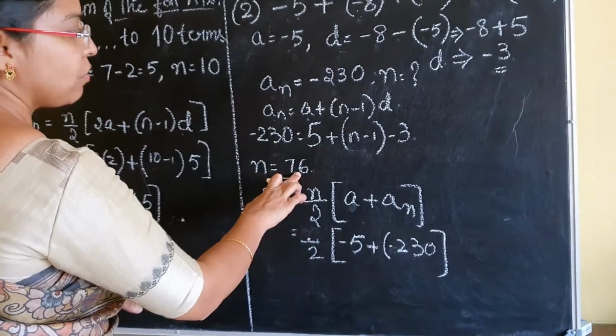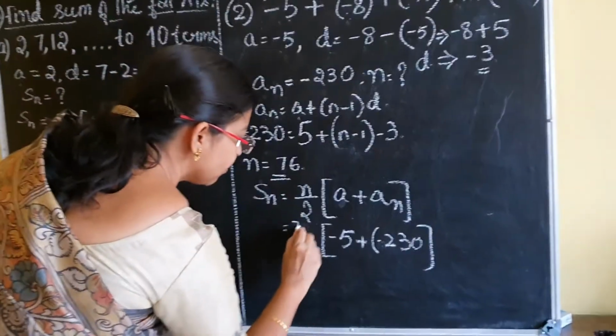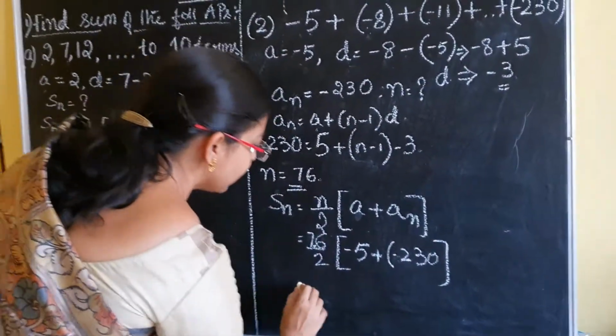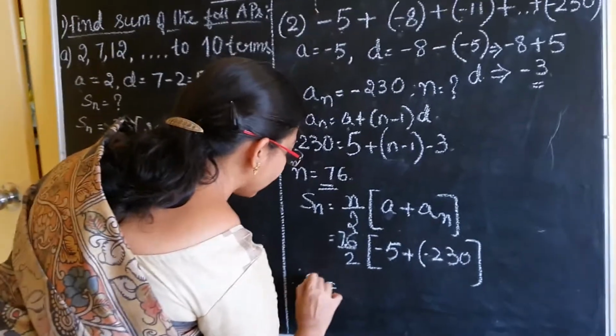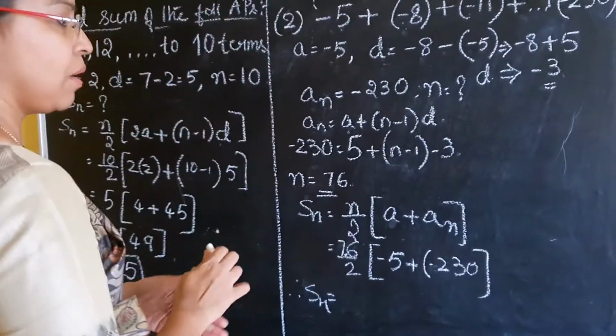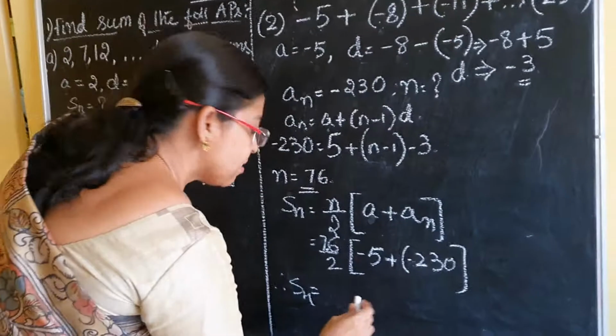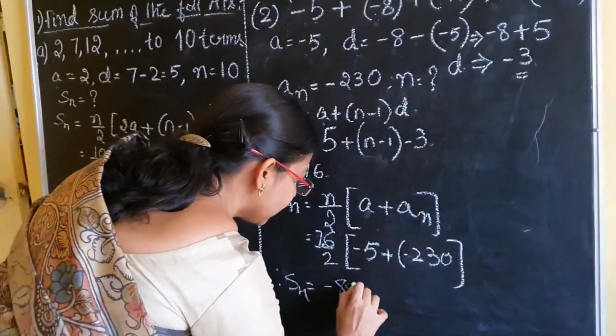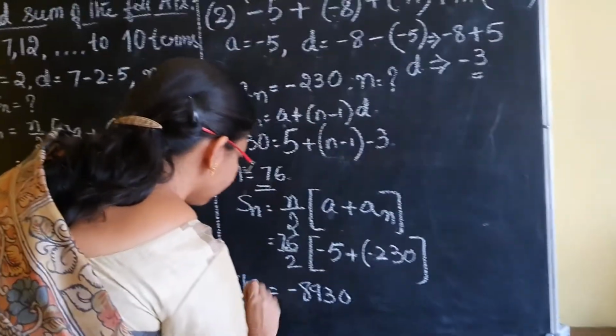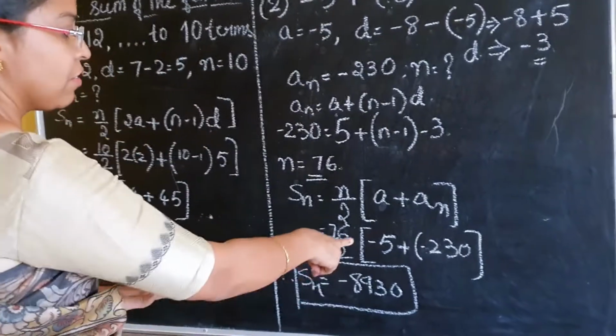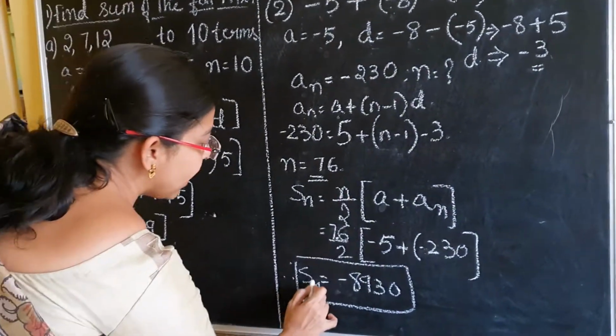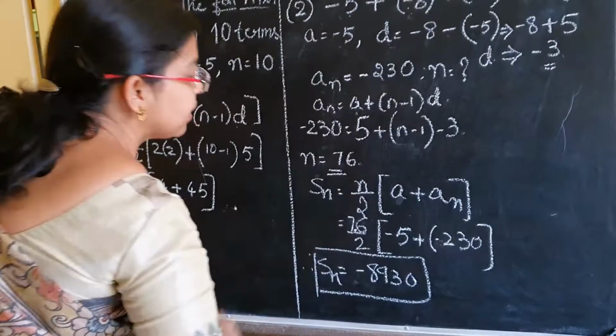We could get the value of n from the an formula, right? So substitute that here. Therefore, if you simplify this, you will get the value of Sn as minus 8930.